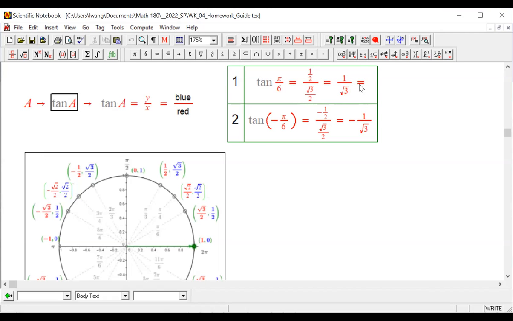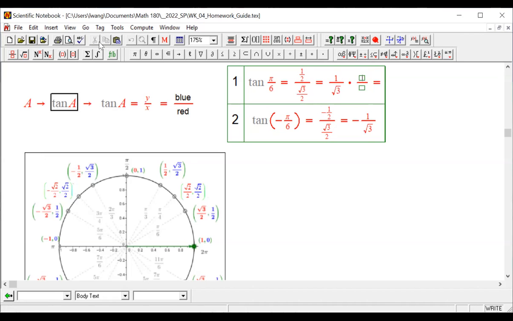You multiply by √3 over √3, and then you get √3 over 3. The other one is the same procedure, just negative, so you get negative √3 over 3.